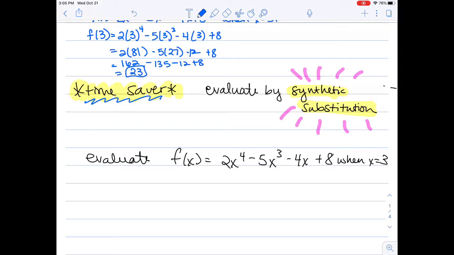This is synthetic division, and maybe you've seen this or not, I'm not sure. We take this value of 3 and put it in the box.